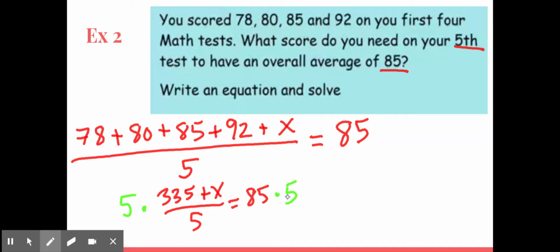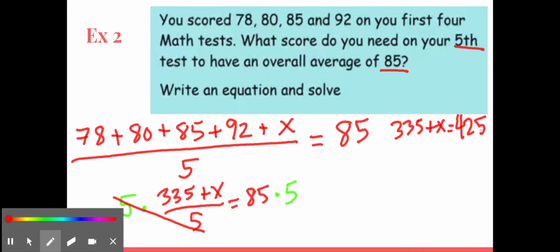And if you wanted to see the work, then you can do that butterfly method where you put 85 over 1. So this now forms a 1, and we're left with 335 plus x, and then 85 times 5, I'm typing in my calculator, is 425.